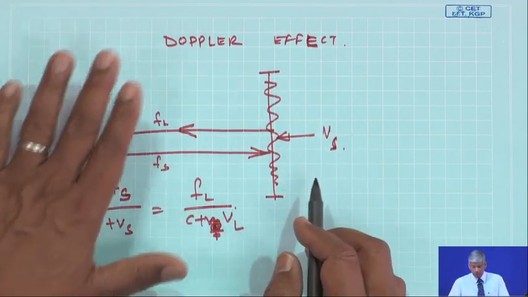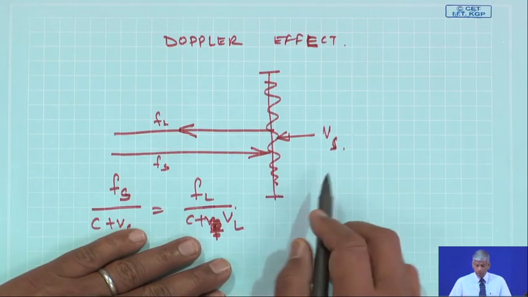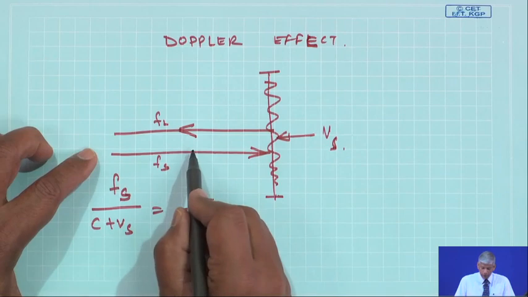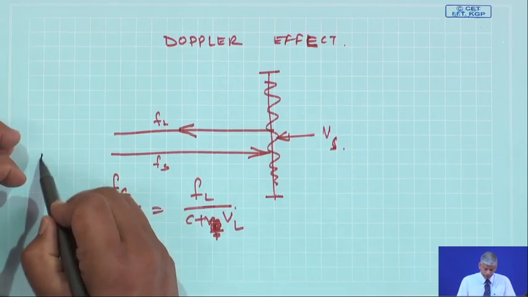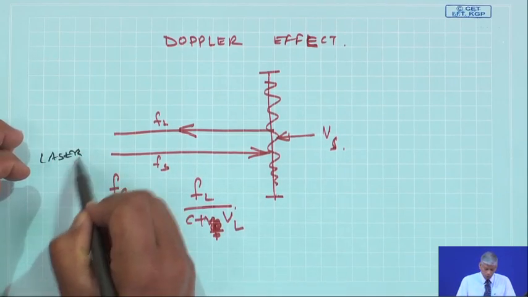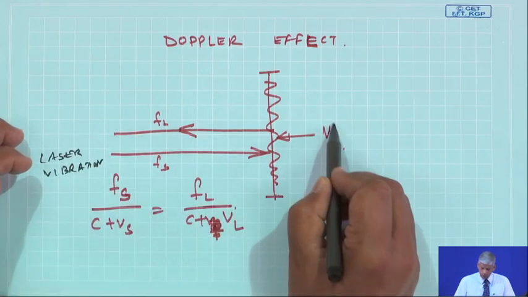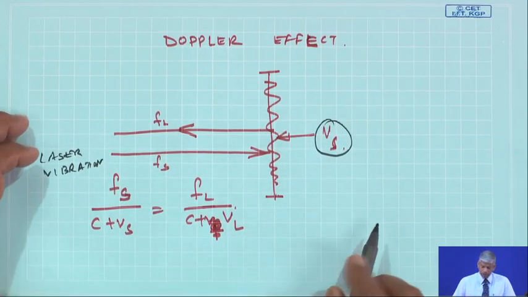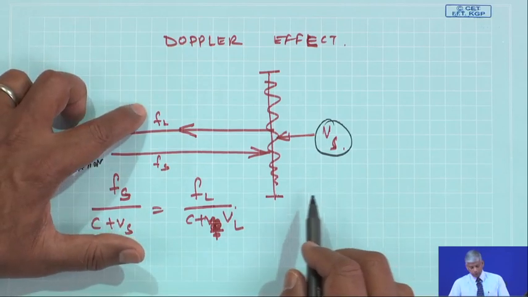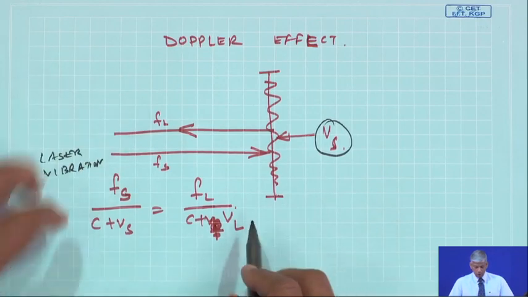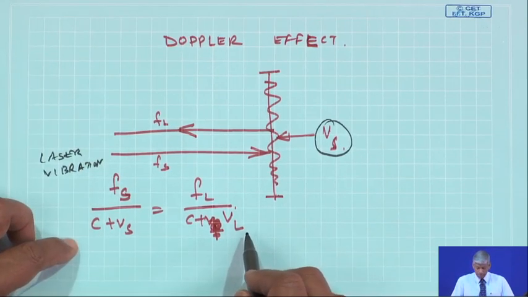I am not going into the details of the sign convention here, but in essence, if I shoot a laser beam onto a surface which is vibrating with a velocity Vs, I will get a frequency of the laser beam reflected back, FL, which is related by this equation.